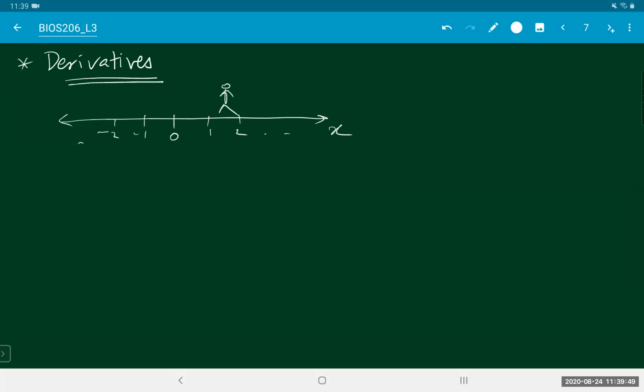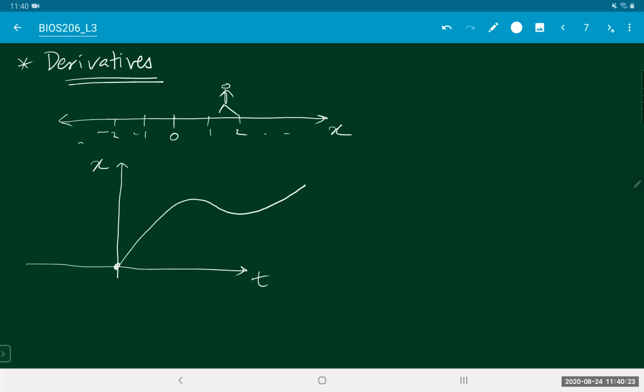What I'm going to do is make a plot of how they are moving as a function of time. So let's say when time t is 0, they start over here at the origin, and then they are moving. The graph of their position as a function of time is given, let's say, something like this.